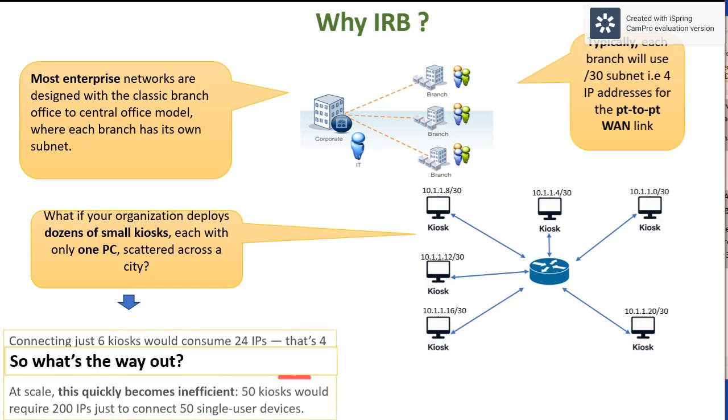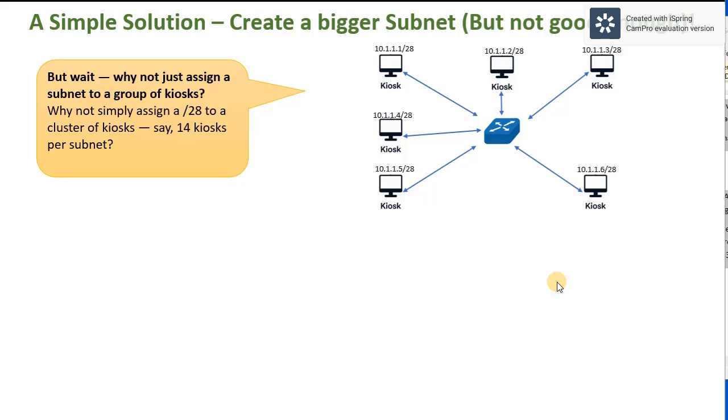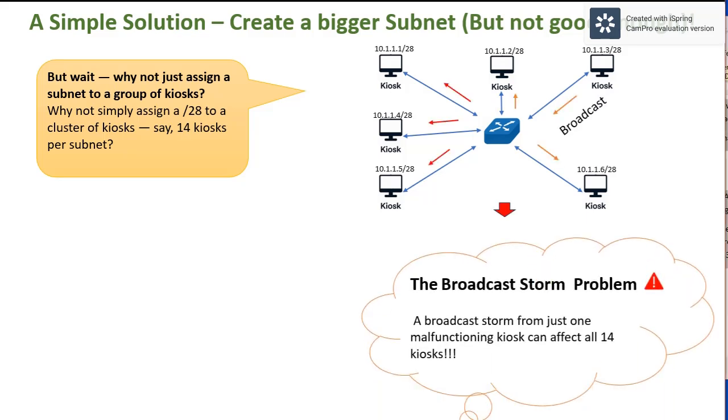So what's the way out? One idea will be to assign a larger subnet to a group of kiosks. For instance, a /28 subnet will serve 14 kiosks. But there's a downside to this. A single malfunctioning kiosk could trigger a broadcast storm, disrupting all devices on the subnet.